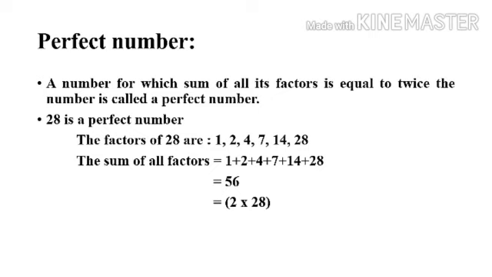The factors of 28 are 1, 2, 4, 7, 14 and 28. When we add all these factors, we get 56, which is twice the number 28, or 2 into 28 gives 56. So we can say that 28 is a perfect number.